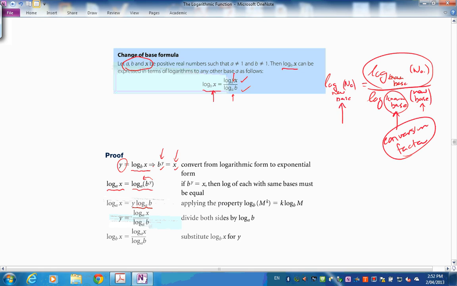Log to the base a of x is y times log to the base a of b, and of course then we can divide both sides by log to the base a of b, and we have our result here of y being, what was y?